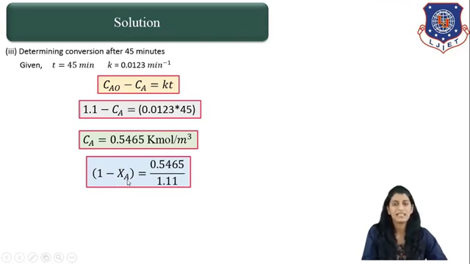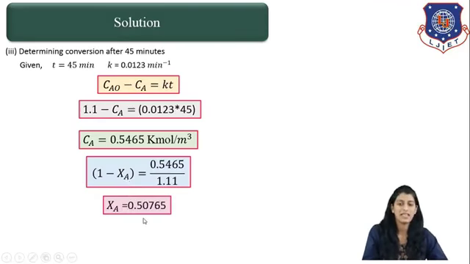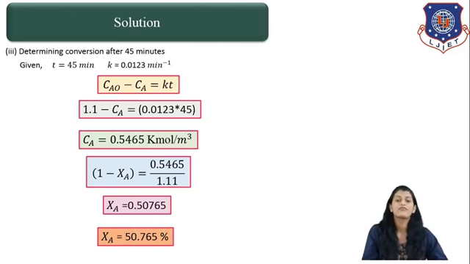So make Xa the subject in this particular equation, you will be getting the value of Xa as 0.50765, or it can simply be said as 50.76% is the conversion which can be attained after 45 minutes of completion of reaction, right? So this is how we need to proceed in our numericals.